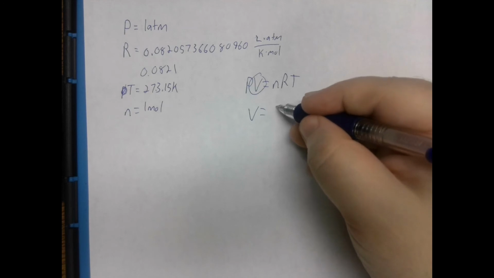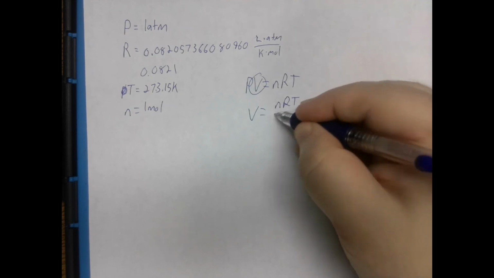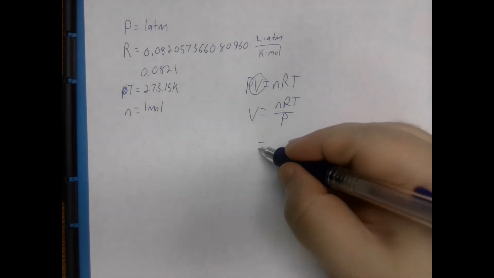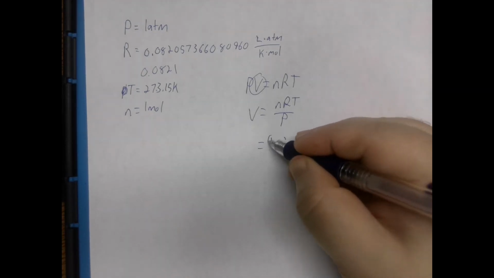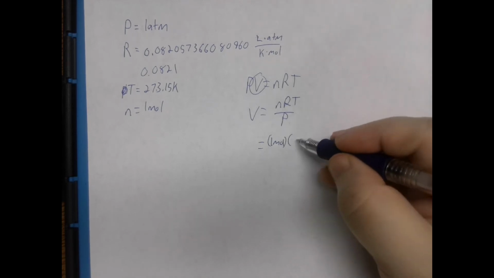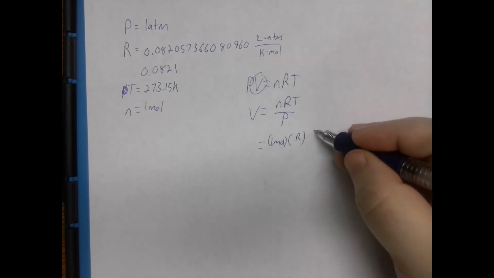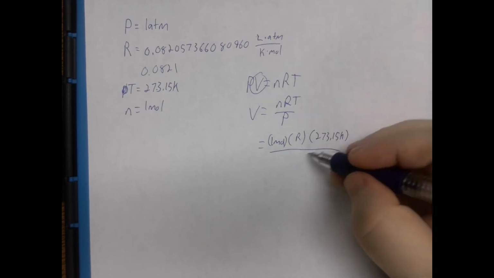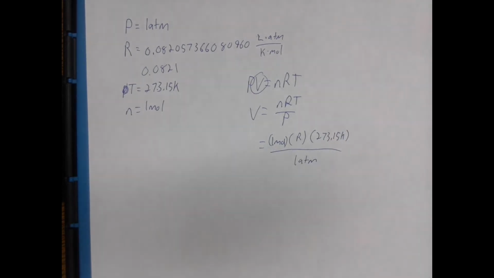Volume is equal to nRT divided by P. If I plug all these numbers into this equation, we can get standard volume. So 1 mole times whatever this R was, times 273.15 Kelvin divided by 1 atmosphere.